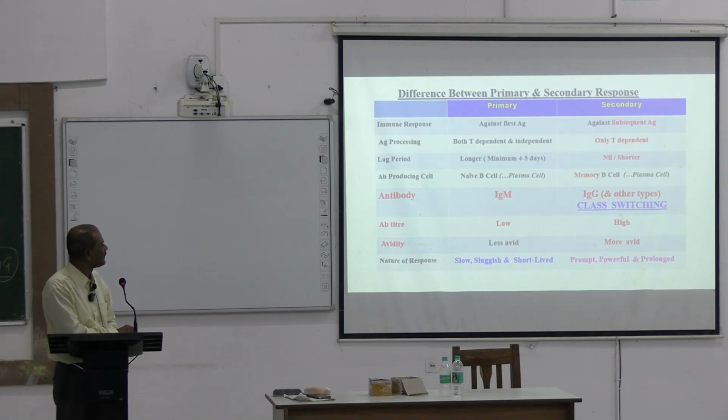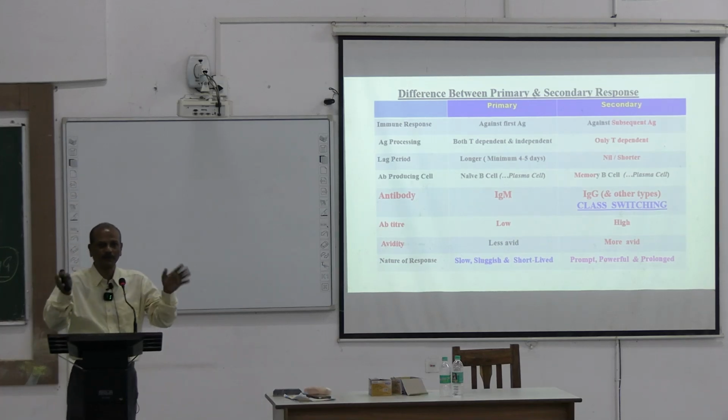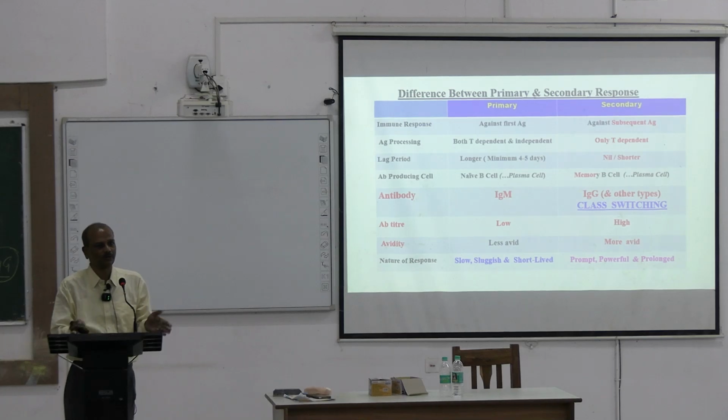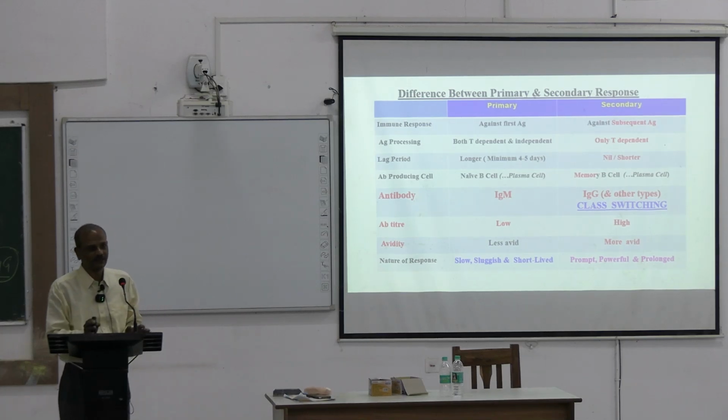Antigen processing is T dependent, by the T helper cell, as I told you. It can be T independent also, just as some of you have come alone, and some are accompanied by your parents or guardians. So only this secondary response is T dependent.